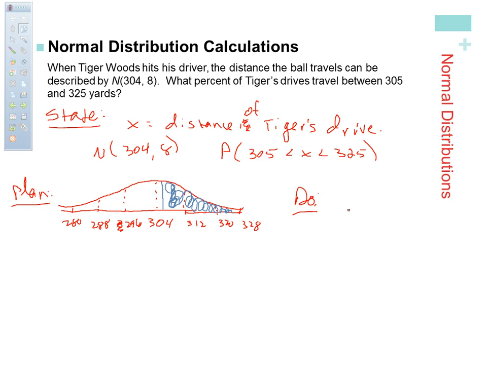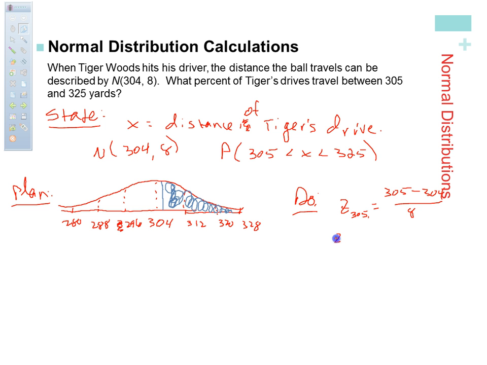All right. Well, I cannot find this proportion. I cannot find the area. I cannot find the proportion of his drives that are between 305 and 325 until I get into Table A. And I can't get into Table A until I have some z-scores, right? Table A is all standardized values. So I got to find the z-score. So I find the z-score of 305 by taking 305 minus 304 and divide it by 8.